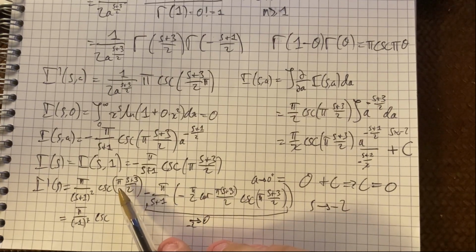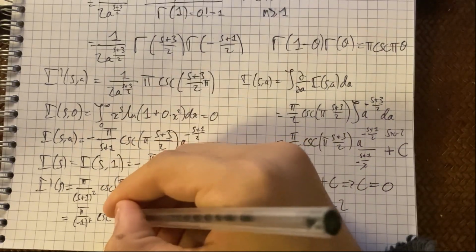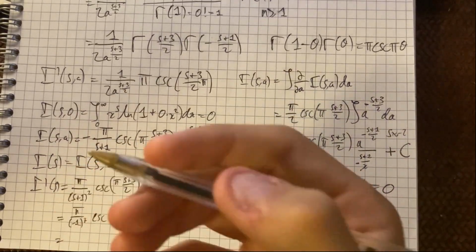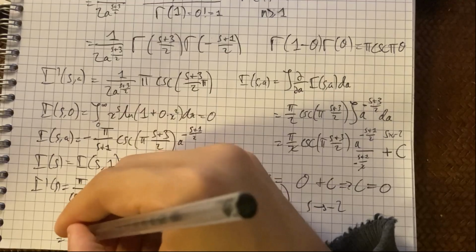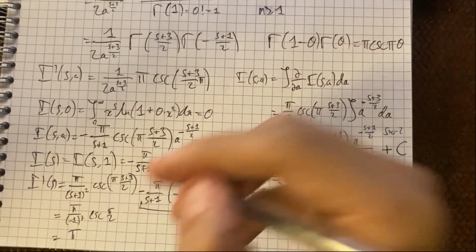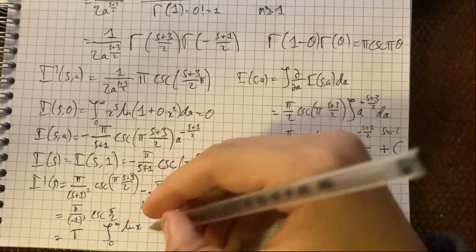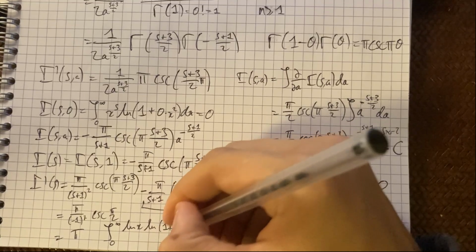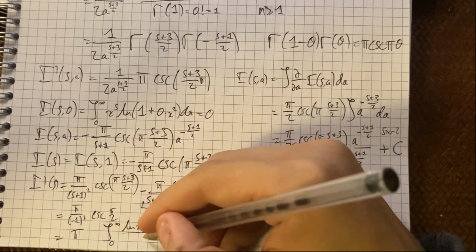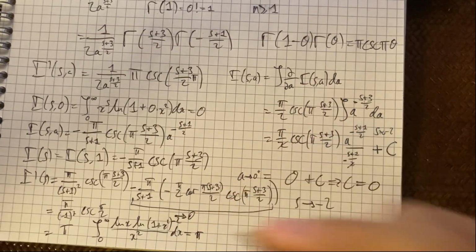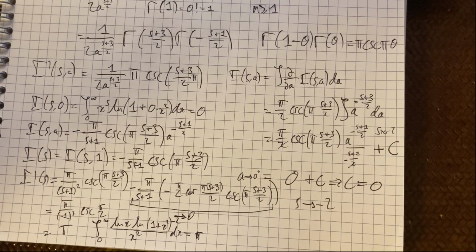And here we have cosine pi by 2, which is pi times 1 by sine pi by 2, which is pi. And this means that the integral from 0 to infinity of log x log(1 plus x squared) divided by x squared dx equals pi.